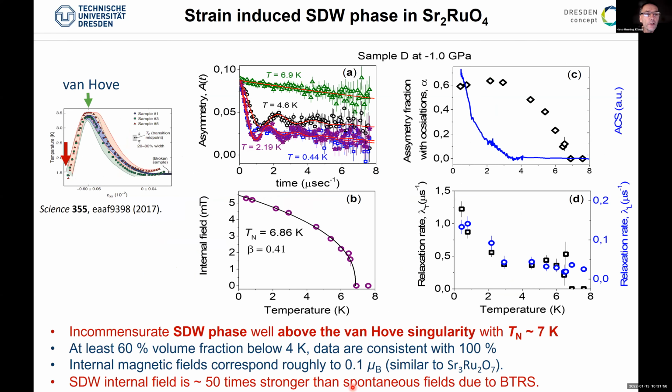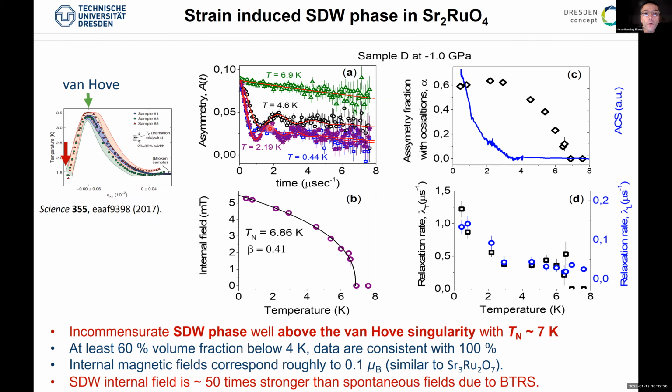However, if you go to even higher strain, about a value of 1.0 gigapascal, then suddenly the electronic state changes, and you see a very fast relaxation of the muon signal below 7 Kelvin and oscillations, which is a clear indication of magnetic order.